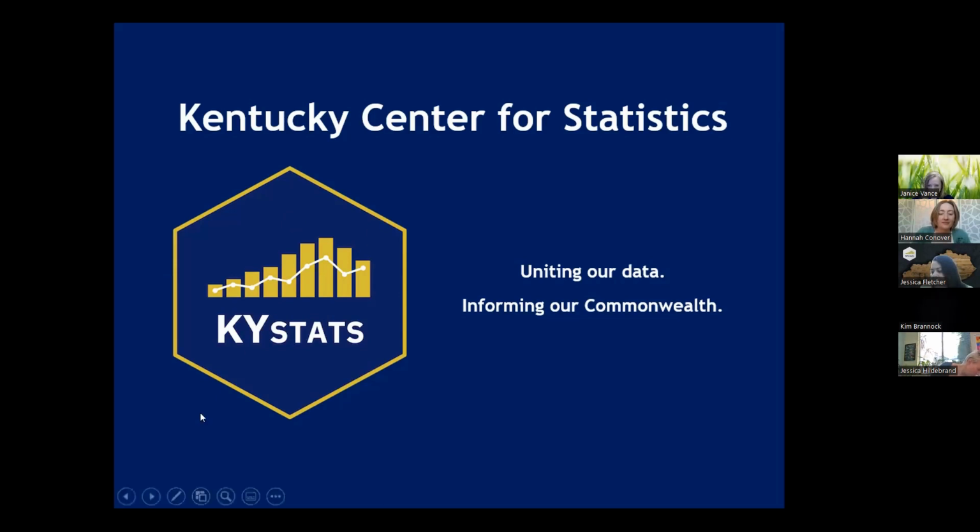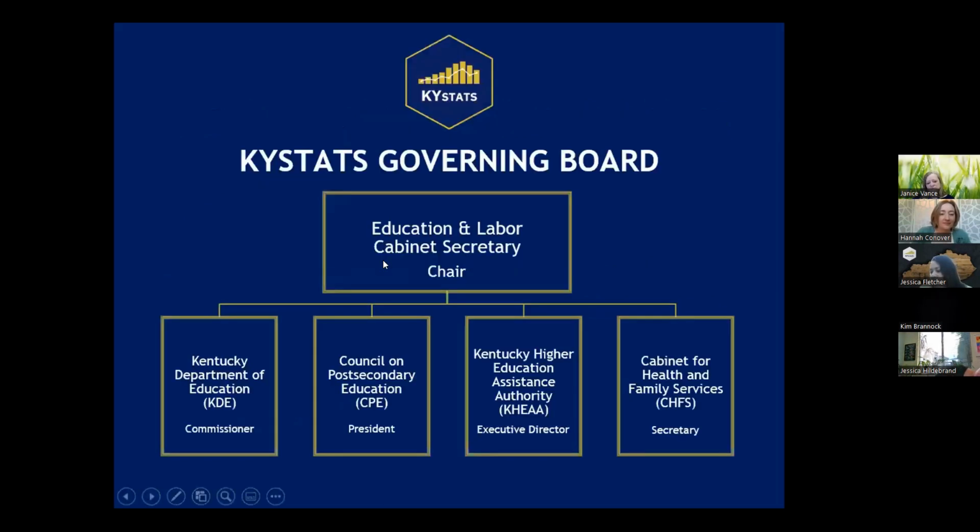We are governed by this governing board. So we have the Cabinet for Education and Labor as our board chair, but also on our board, you'll see that we have Commissioner Jason Glass, who is over the Kentucky Department of Education, Dr. Aaron Thompson, who is over the Council on Post-Secondary Education, the president of the Kentucky Higher Education Assistance Authority, and the Cabinet for Health and Family Services.